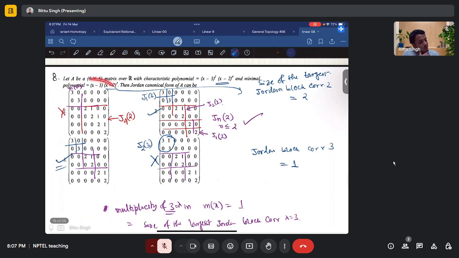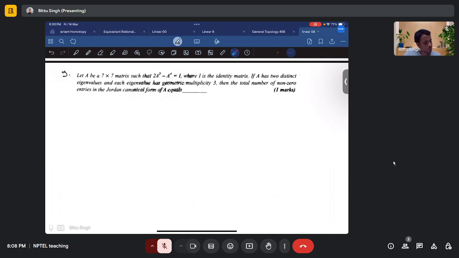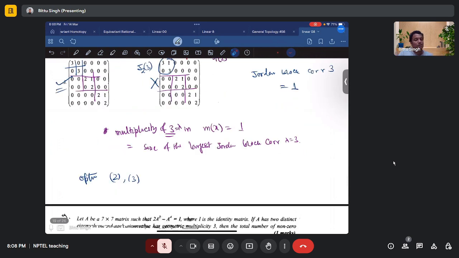Just remember, given a minimal polynomial, from here we can see the largest possible Jordan block just by looking at the degrees. The multiplicity of 3 is 1, the multiplicity of 2 is 2. Therefore, the size of the Jordan blocks is restricted by 1 and 2 correspondingly. Okay, so those are actually not so hard. So let me stop here. Thank you.